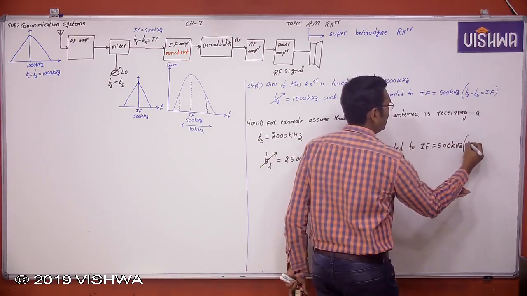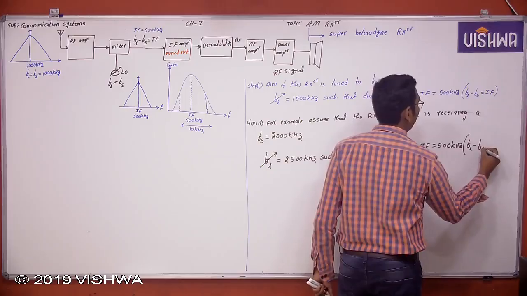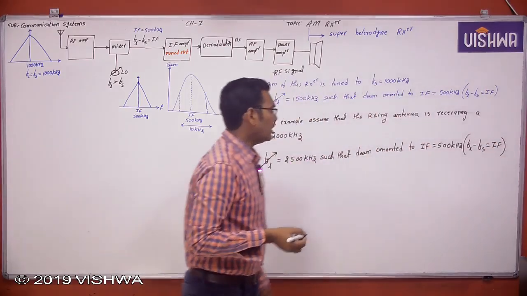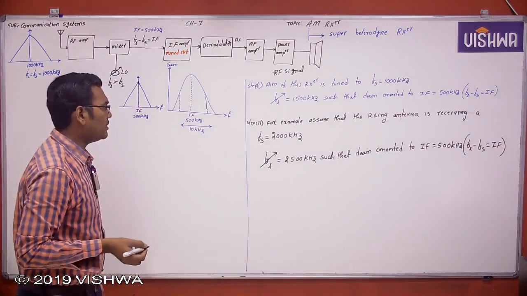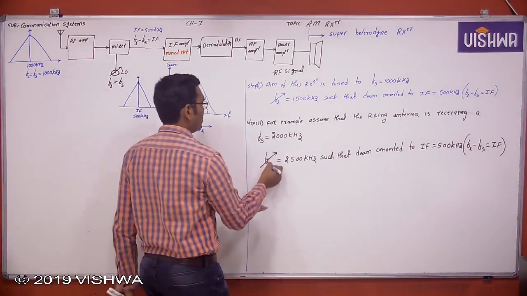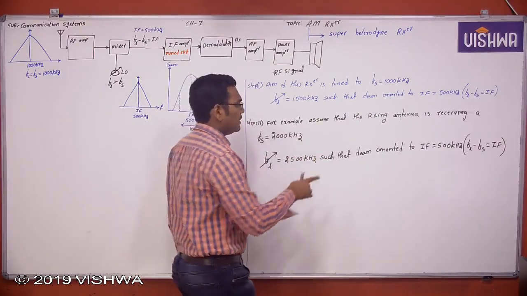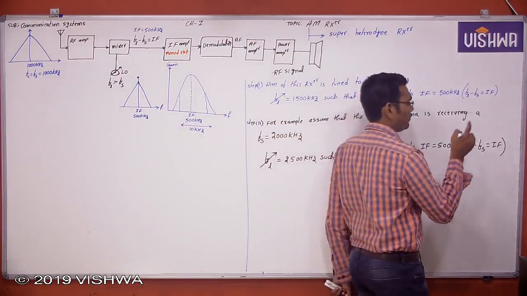FL minus Fs is equal to IF. Now the local oscillator frequency is adjusted to 2500 kilohertz such that it is down converted to IF.